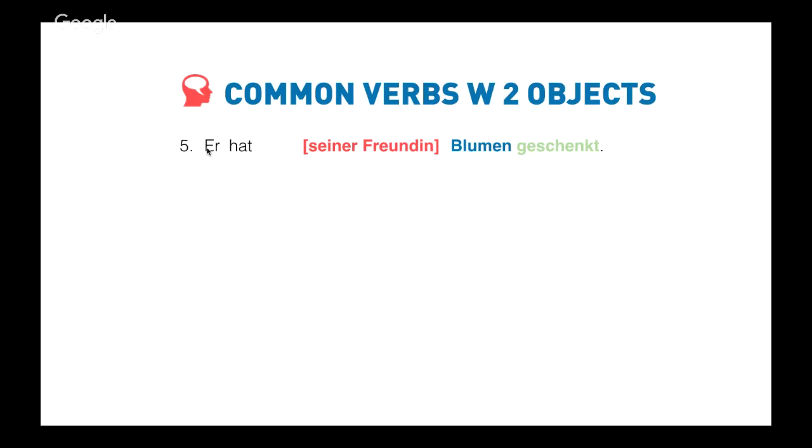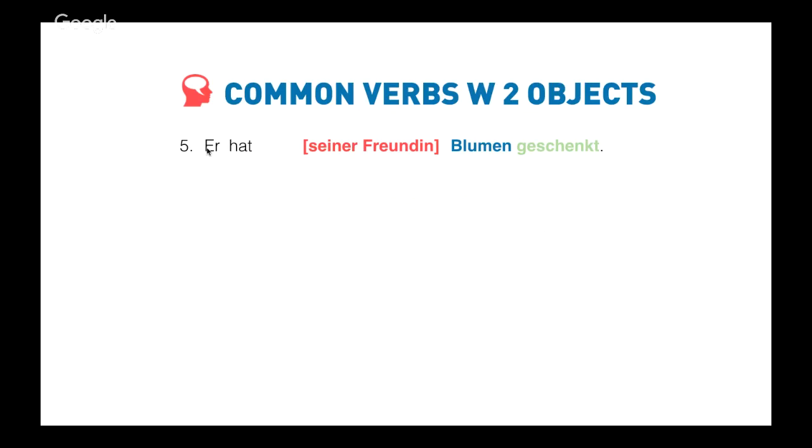A couple of more examples. Hat seiner Freundin Blumen geschenkt. Nothing special here, although you see there's also two verbs. You have hat in the beginning and geschenkt at the end. The hat has no influence whatsoever. It doesn't even have a meaning.